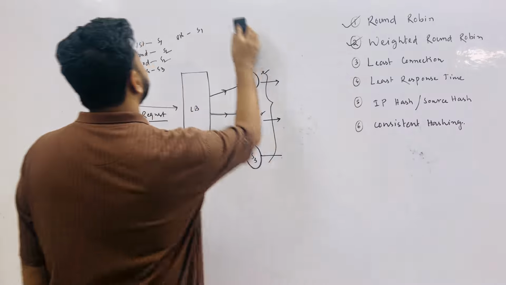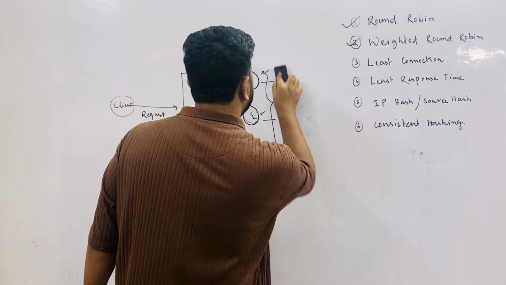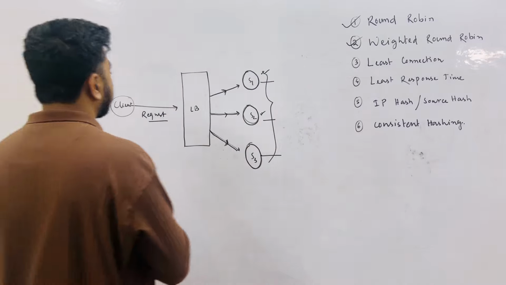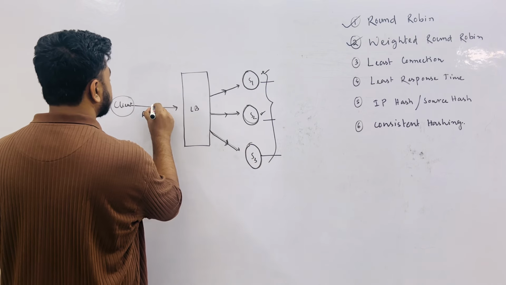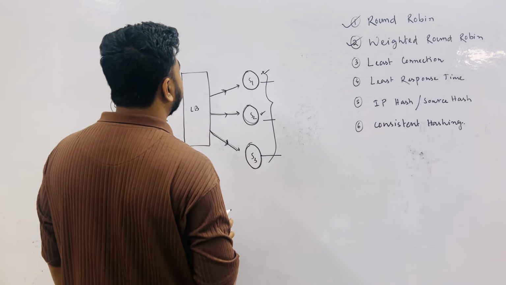So the next one is least connection. Okay, what do we mean by least connection? Least connection means whenever a request is sent to a server, one connection is built up.